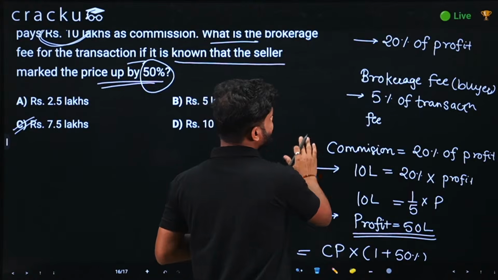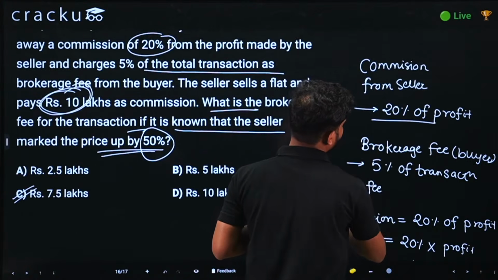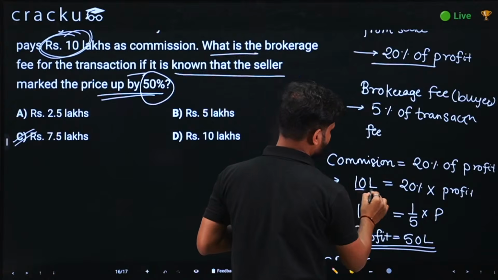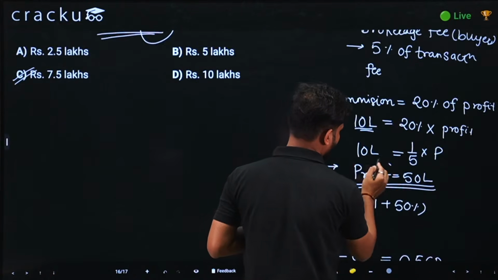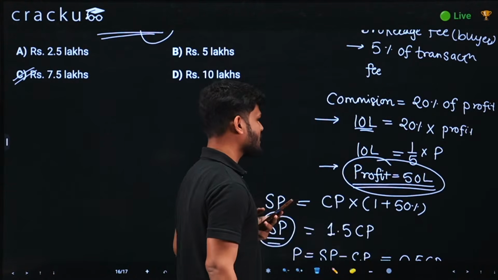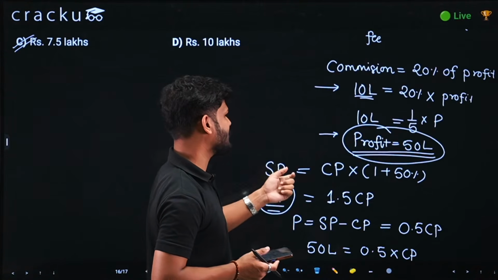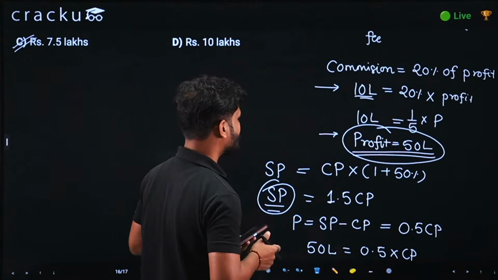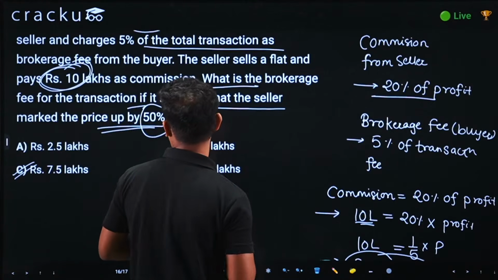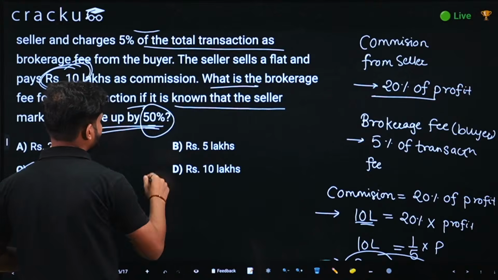How? It is given that commission is 20% of profit, and commission was 10 lakh. From that you calculated the profit, right? Now what is the profit? Profit is nothing but SP minus CP. It was given he had marked the cost price by 50% more.